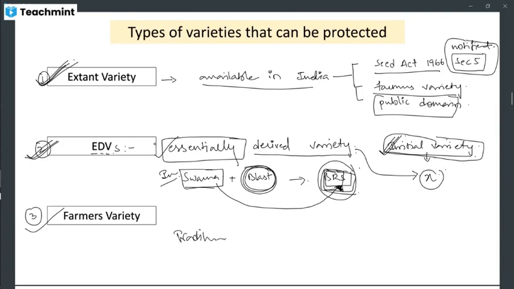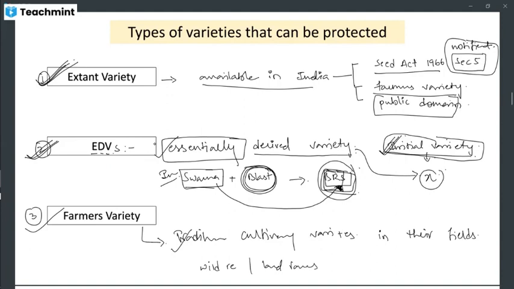Farmers themselves have been cultivating and protecting some varieties from the past few years. Such varieties come under the farmers varieties.